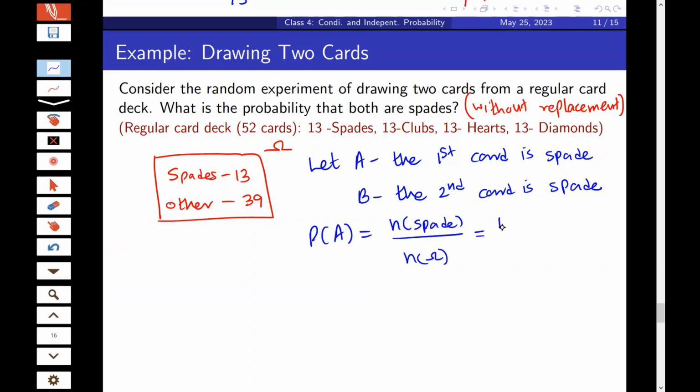There are 13 spades over 52, which is 1/4.